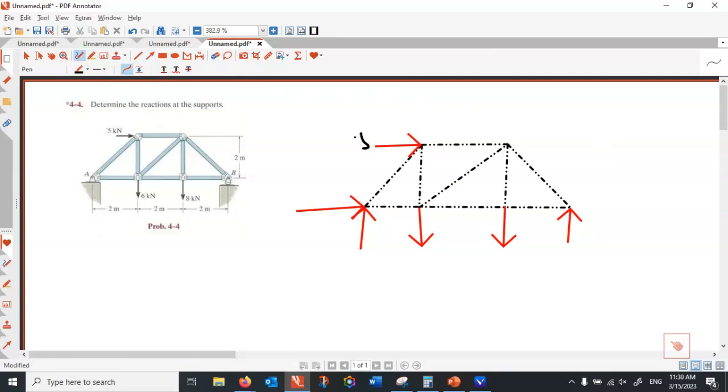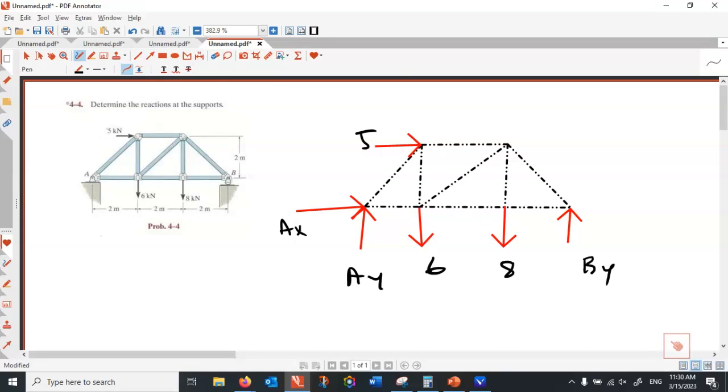First I put the numbers 5, 6, 8, and then everything else you label, that is AX, AY, BY. I don't know whether that is left or right, just assume these are the positive directions.